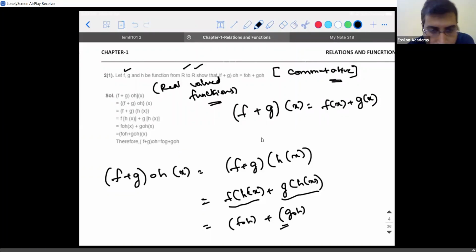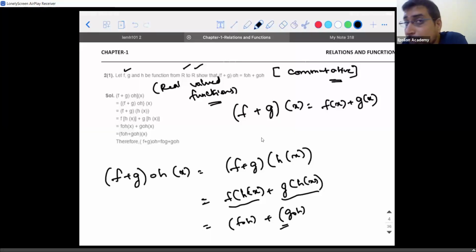Sir, I have a doubt. Can we assume a value for h of x? Why do you want to assume a value, in the sense what value do you plan to assume?